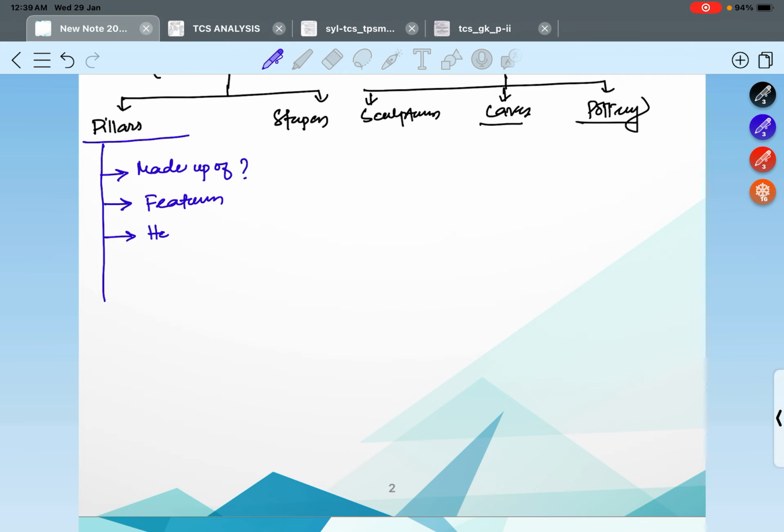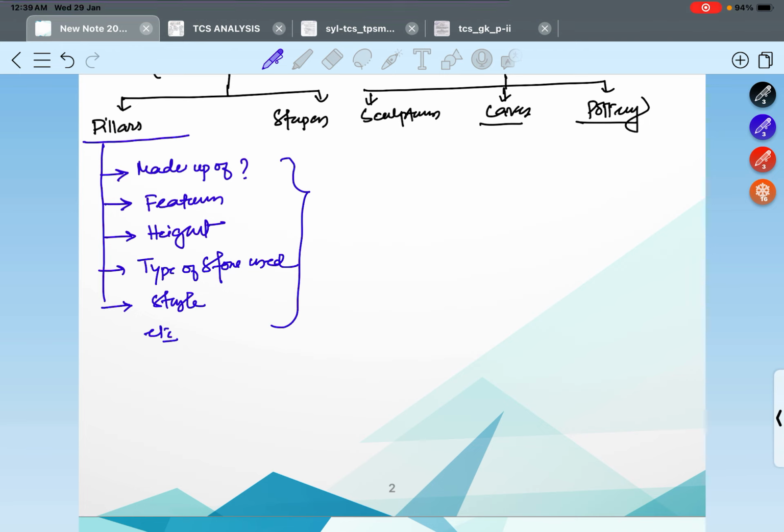What is the height, type of stone used, what is the style of making, and etc. So if you do this much in the pillars, then your pillar portion will be done.